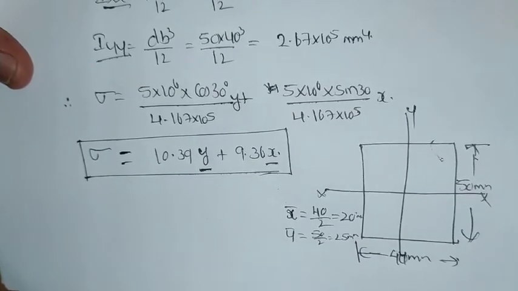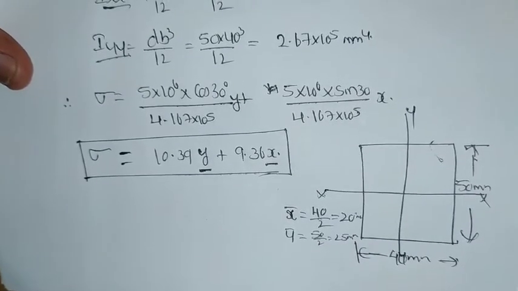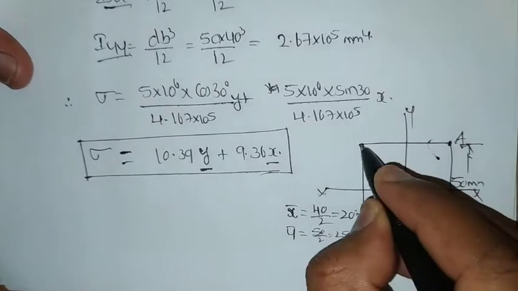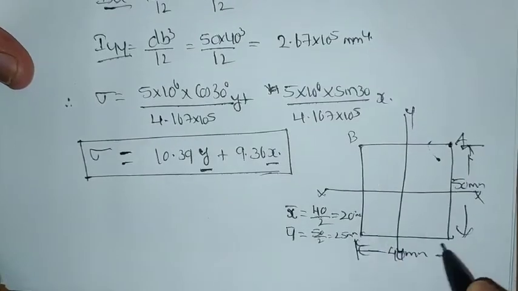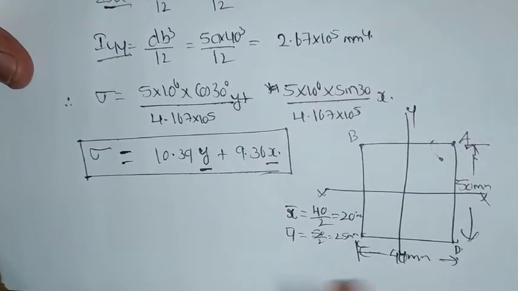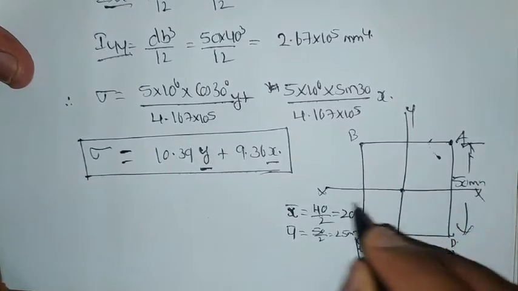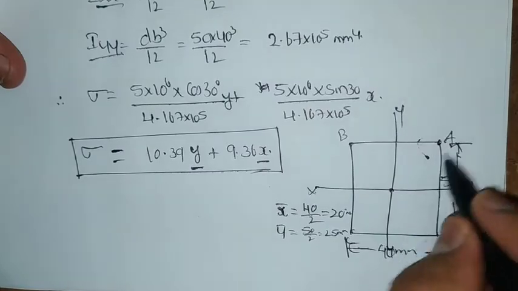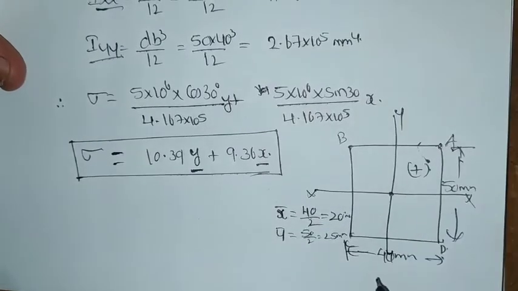But one thing we have to note is where the maximum stresses are going to come up, that we have to find out. So here we are going to have A, B, C and D, 4 corners, and at the 4 corners we have to find out. If you see this coordinate axis, at point A both x and y are positive.